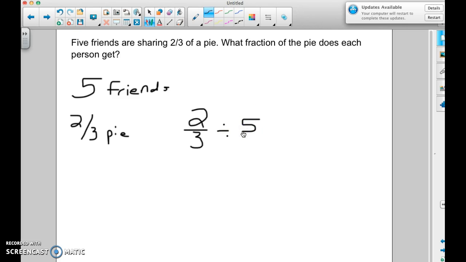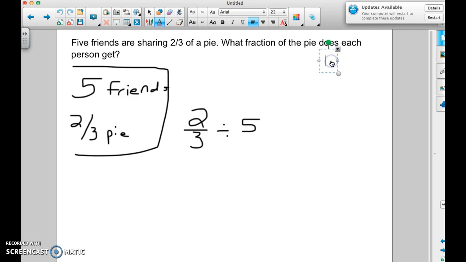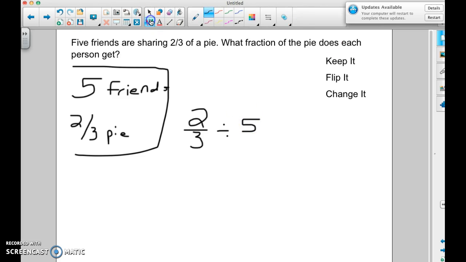Samantha, what's your trick that you're going to do on this to help you solve this? Because I've got 2/3 divided by 5. I got that from what I know. But what's your little trick? What are the 3 things I need to remember? Keep it, change it, flip it. What are you going to do to this 5 over 1? I'm going to keep it. Terribly written 2 there.